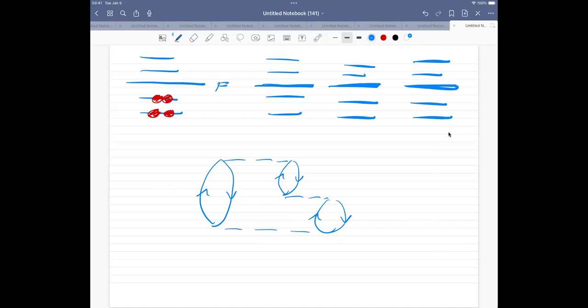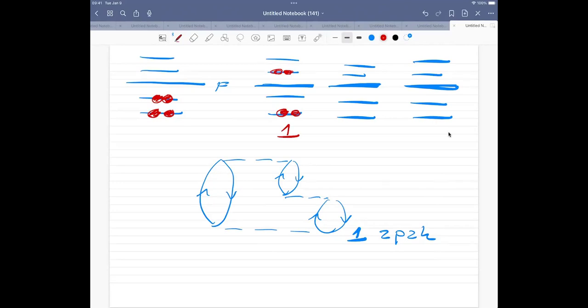If we look at the first step here, let's call this 1, that produces a 2-particle, 2-hole excitation. The way we can think of that is that these 2 guys get promoted up here. So this corresponds to 1.